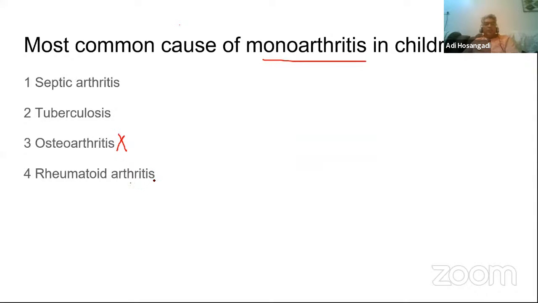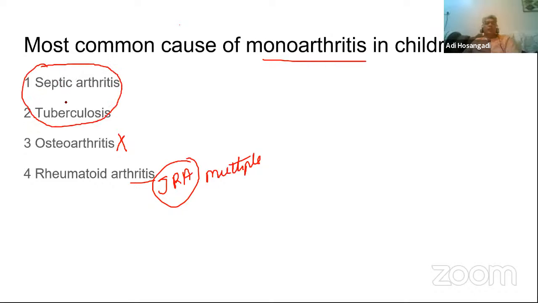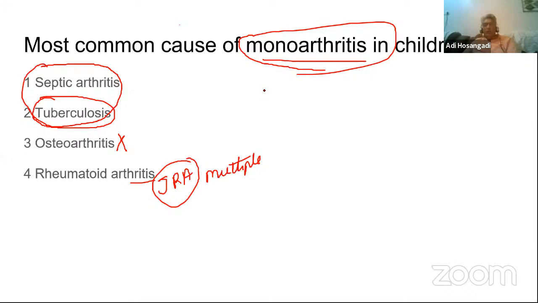Rheumatoid arthritis is in adolescents, or there can be, of course, JRA, but it is multiple joint involvement. Septic arthritis or tuberculosis, these two options are there now. The answer is tuberculosis. You should know. The most common cause of monoarthritis in children is tuberculosis. Please remember that.